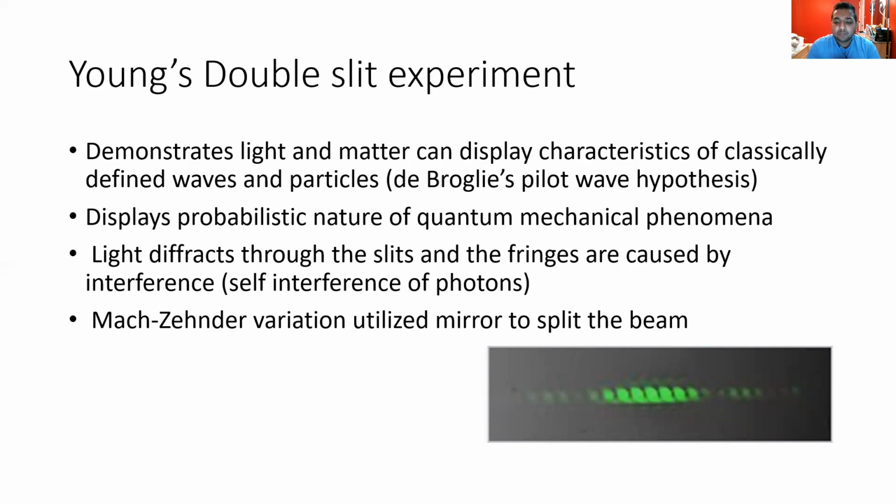So, the light diffracts through the slits, and the fringes are caused by interference. And specifically, destructive interference causes the dark spots, and constructive interference causes the bright spots. So basically what happens is when two waves collide, if one is at its peak and one at its trough, they destroy each other, kind of, in a process called annihilation.